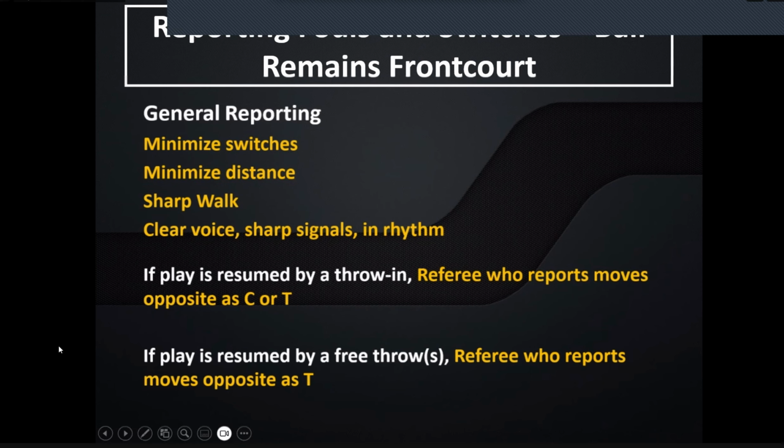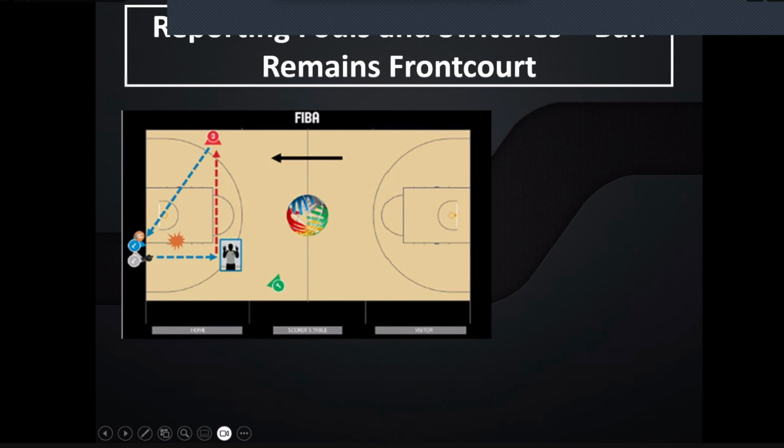So how does this work? Here's a foul right here. Where's the throw-in going to be? It's going to be here, table side. So your lead, you've just made that foul call. It's not shooting.